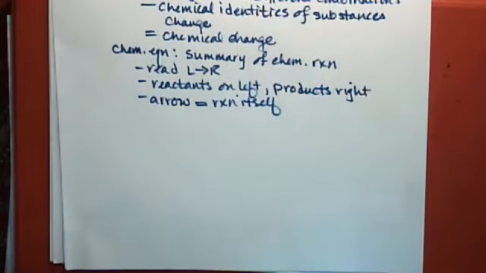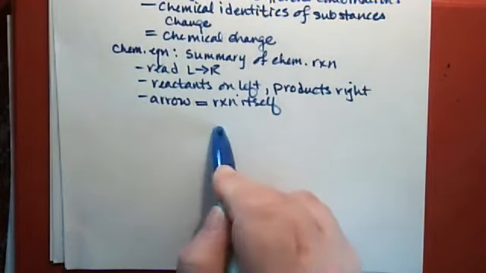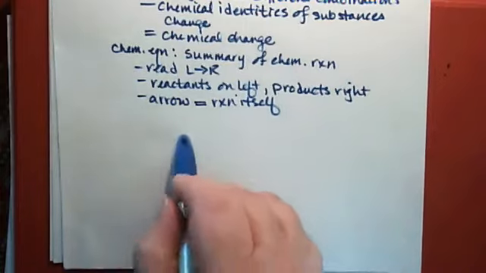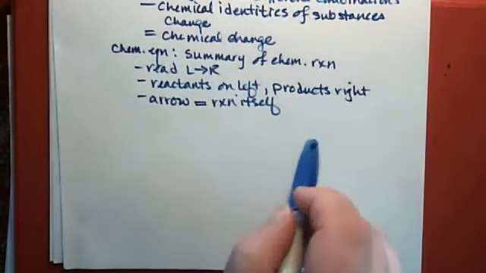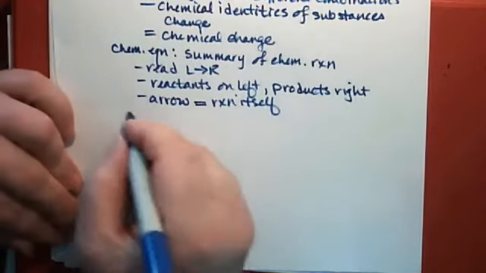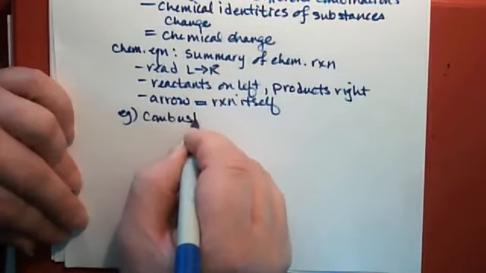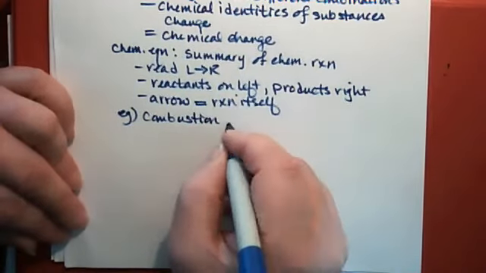The reaction can be read as, reactants form the products, or reactants produce the products, or something like that. And an example of a chemical reaction is the combustion of butane.